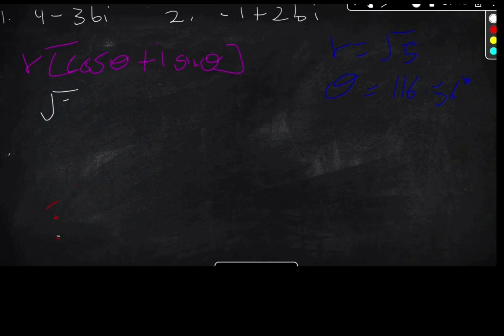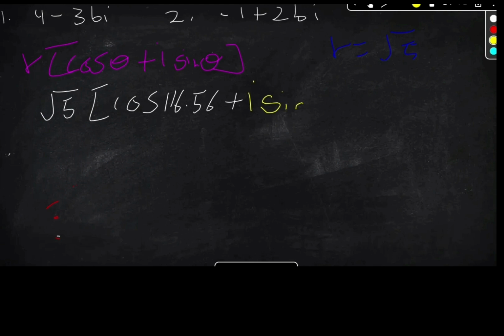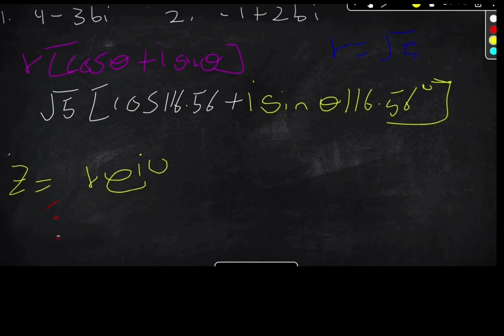That gives √5 multiplying cos of 116.56 plus i sine of 116.56, and in the exponential form it becomes r exponent i theta, which is √5 exponent i 116.56 degrees.